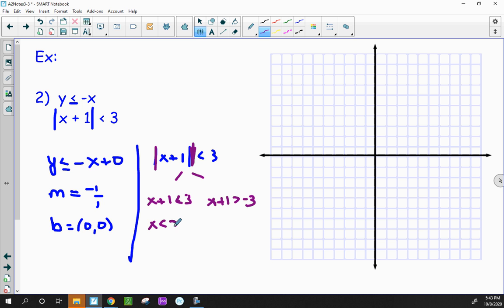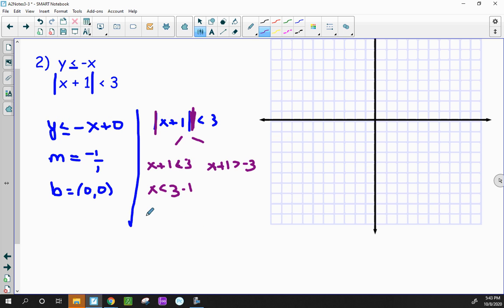So it's going to be x is less than 3 minus 1 when I transpose. And so x is less than 2. And then over here, this is going to become x is greater than -3, and it's minus 1 when I transpose. So x is greater than -4.